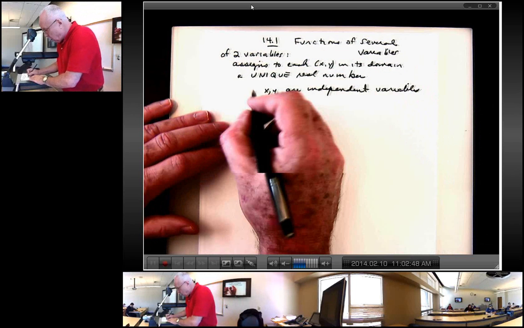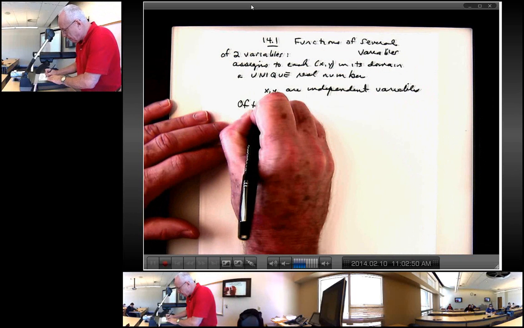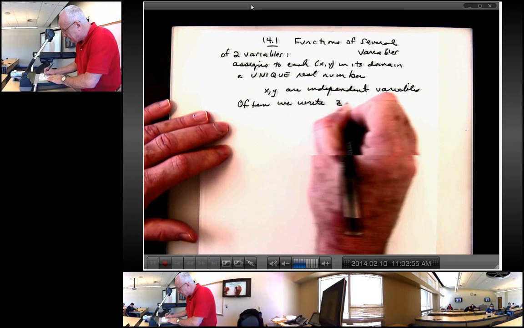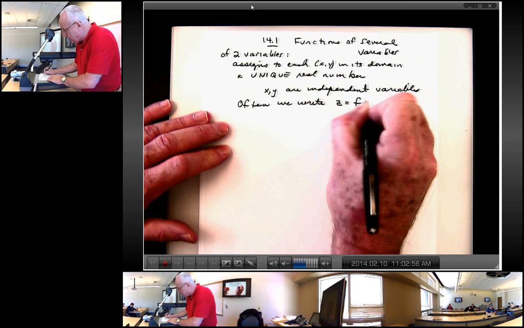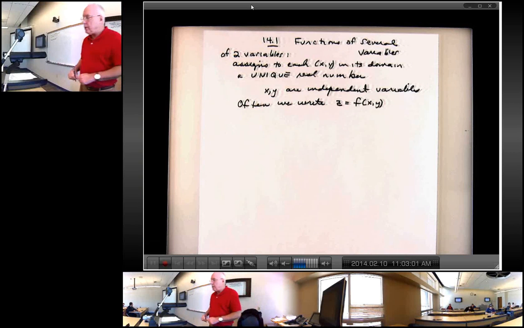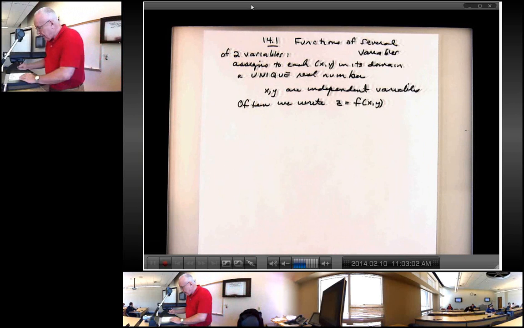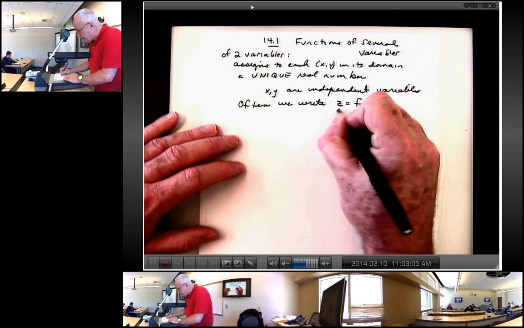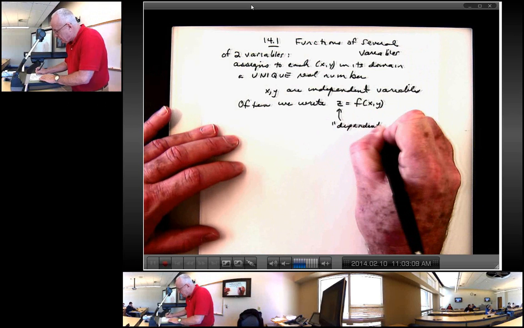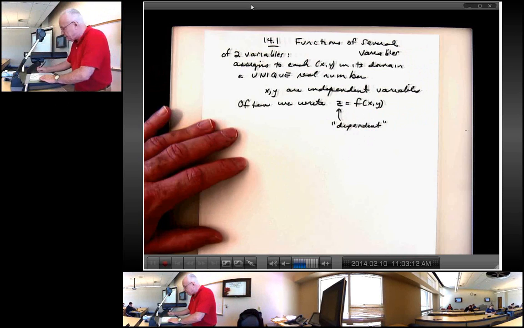So often we write z is equal to this function of the two independent variables x and y. And z here depends on the values of the other two variables, so it's called the dependent variable.